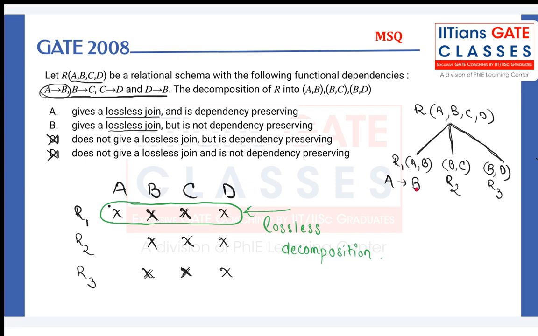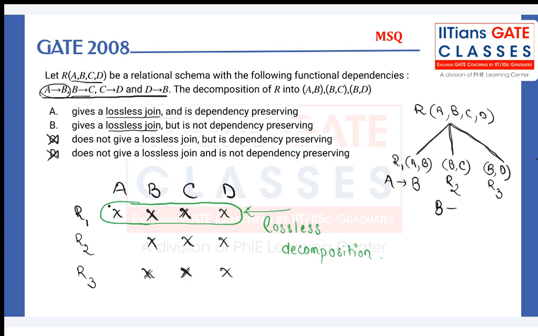If I have R2, which is the functional dependency I can move to R2? Look at the set and answer. R2 contains the attributes B, C. Which are the functional dependencies that only contain B and C? It's B derives C, right? You can see B derives C. So B derives C comes here.